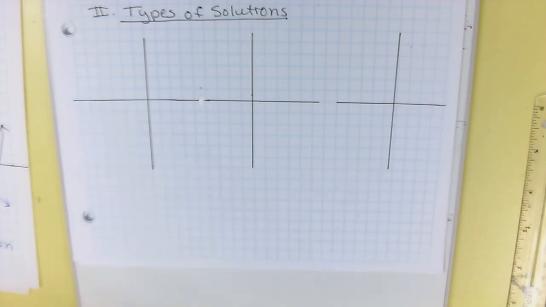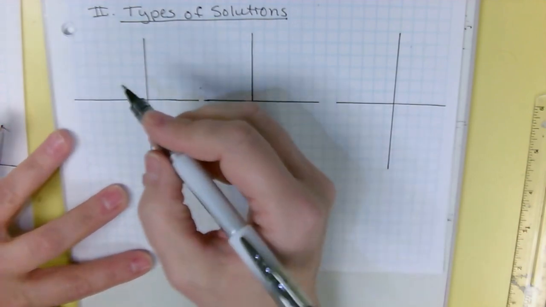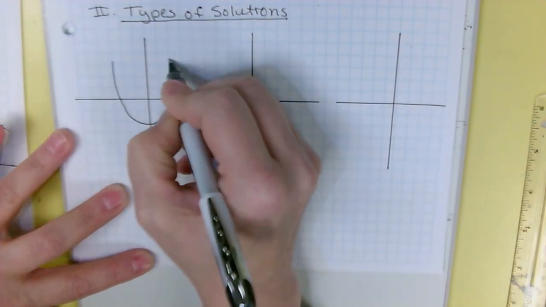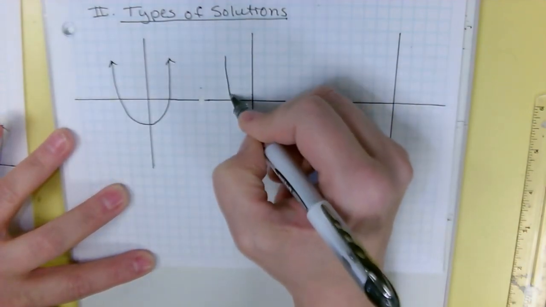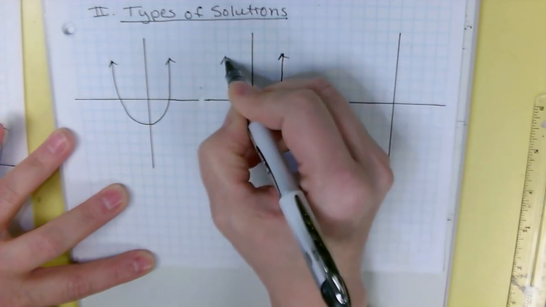This is not an all-encompassing thing, but it does show you the three types of solutions. On all three of them, I want you to draw a medium-sized parabola opening upward.